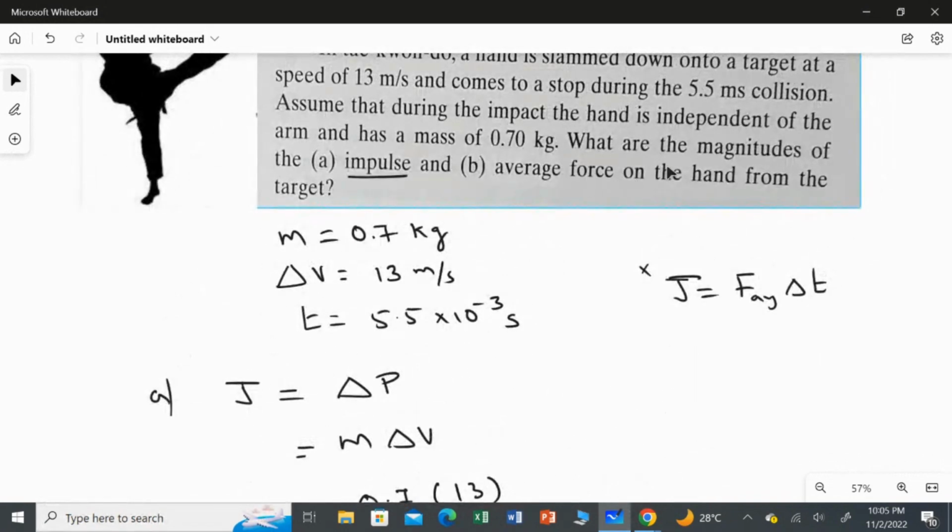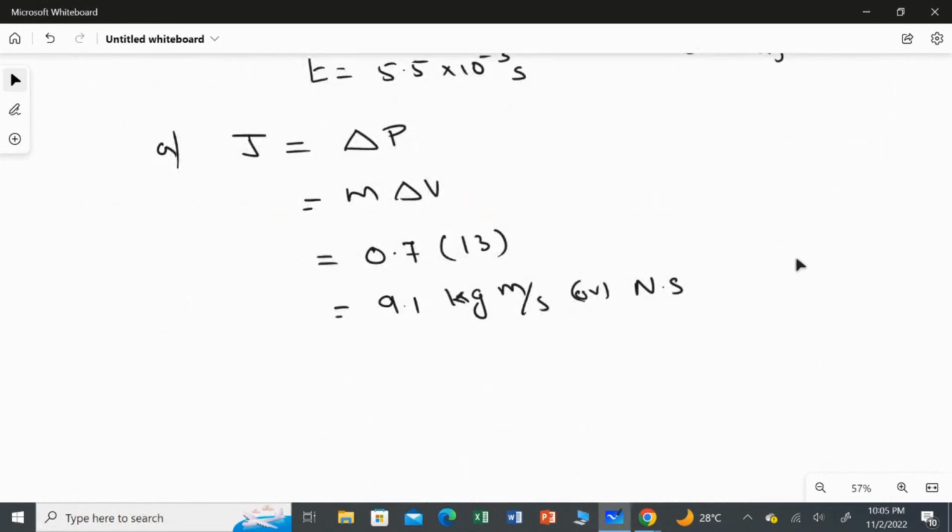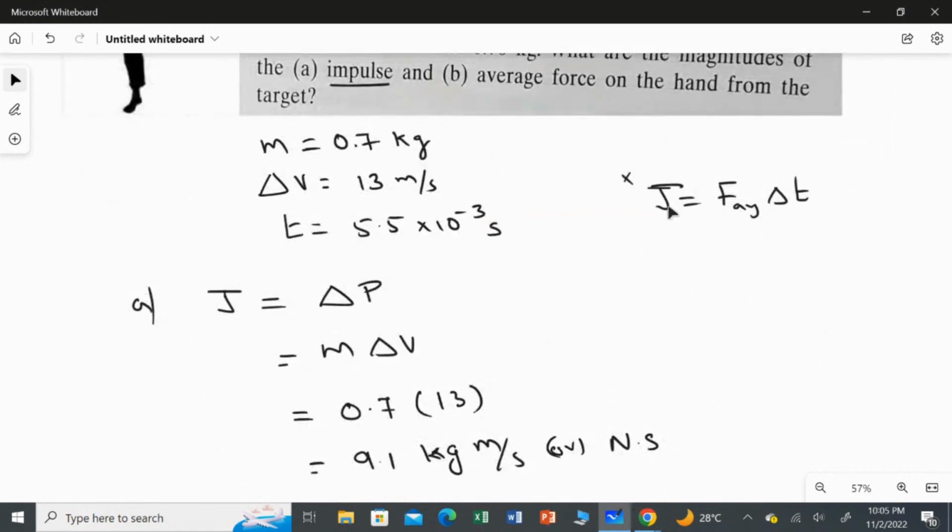In the second part, we are going to find the average force on the hand from the target. Now we can easily find the average force. Initially we don't have the value of the impulse, and the average force is also not given.